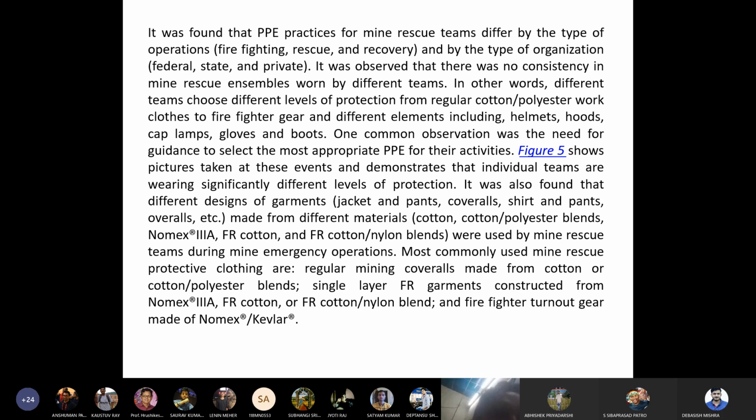The most commonly used mine rescue clothing are regular mining coveralls made from cotton or cotton polyester blends, single layer fire protection clothing constructed from Nomex, fire protection cotton nylon blend, and firefighter turnout gear made of Nomex. So these are the different types of mine rescue equipment used by the mine rescue team.